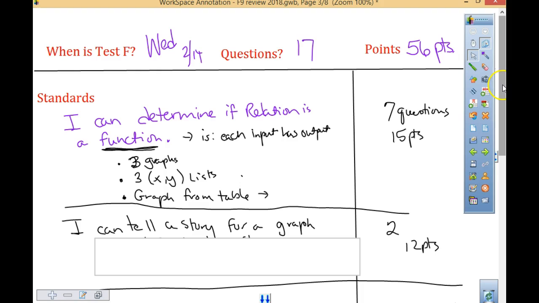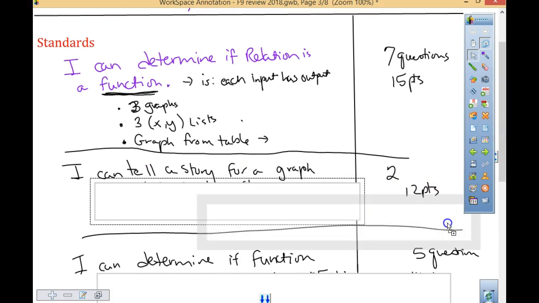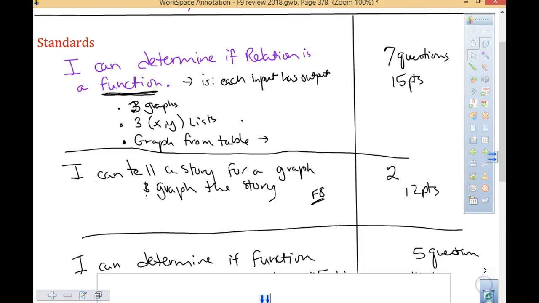The second standard that is up on the poster as you are looking, it says, I can tell a story and graph the story.